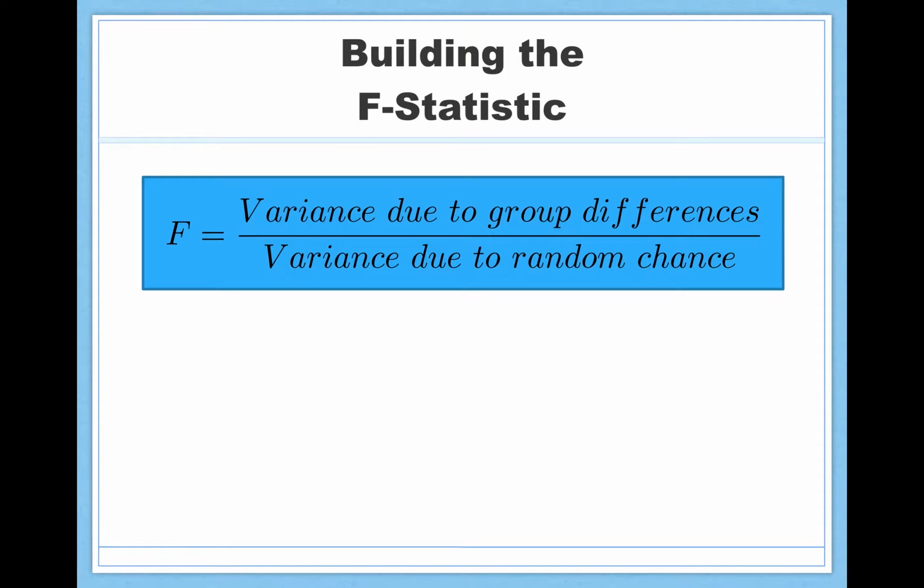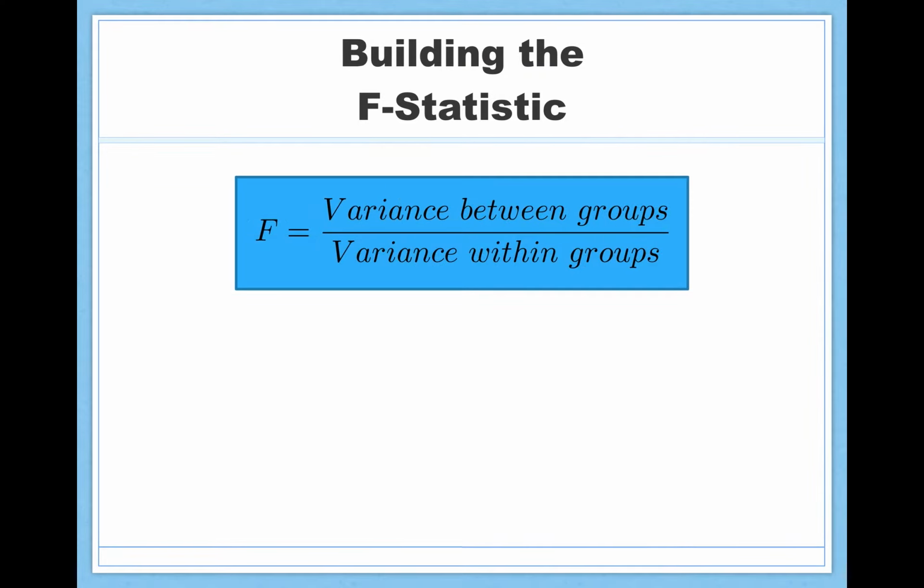So let me start to translate what you're seeing here to get us closer and closer to the actual formula for the F ratio. The numerator hasn't changed much, the variance between groups, but in the denominator we have the variance within groups. Now imagine you're a researcher who's interested in whether there are significant differences between many groups. You don't really care about whether there are differences within a single group.